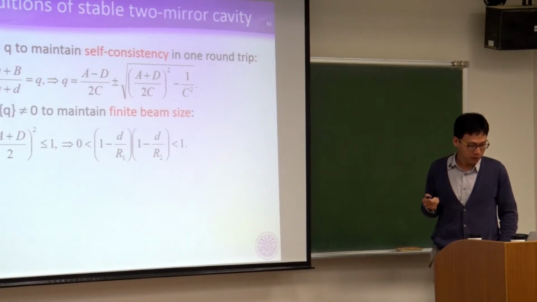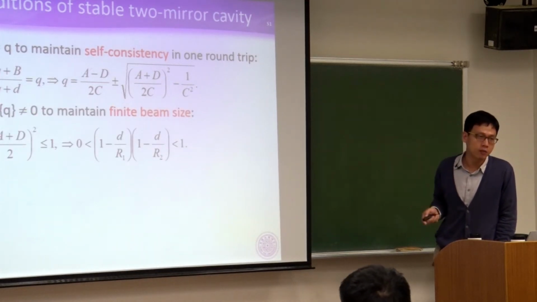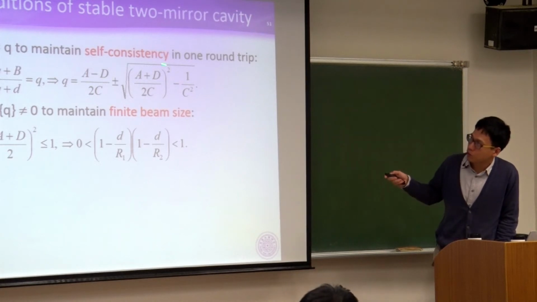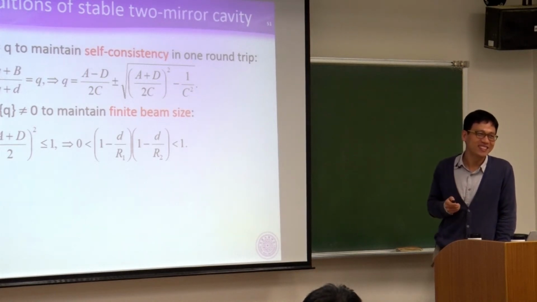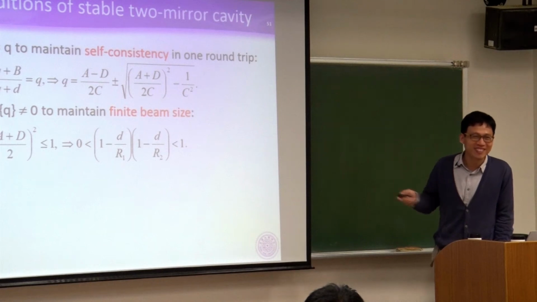Then, if the imaginary part of Q can never be 0, what happens to this formula? 你一定要有虚部，你的解一定要有虚部。你解要有虚部怎么办？根号里面一定要什么？negative.